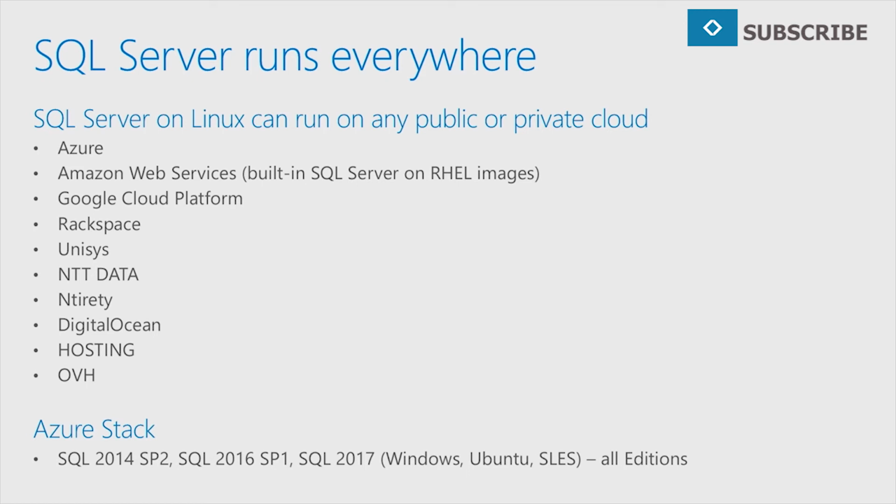More precisely, they have SQL Server on Red Hat in AWS's case. We are going to continue working with our partners to enable similar offerings for their hosted services as well. Also, with Azure Stack, you have the option of choosing from a broad range of built-in images covering multiple server versions, editions, as well as operating systems, including images with SQL Server 2017 on Ubuntu and SLES.